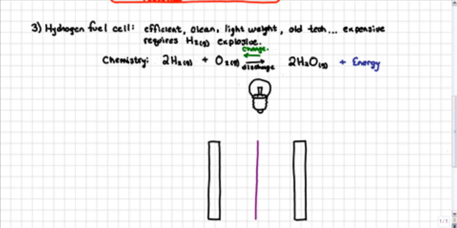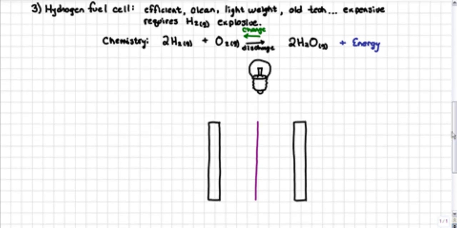Now, we're going to concern ourselves here with the discharge part of the process, and what I've drawn for you here on screen is a schematic, an overly simplified version of the fuel cell and how it operates. On the left, we have an electrode. This electrode is actually graphite, or some conducting material that is not going to participate in the reaction. And we also have graphite over here on the right.